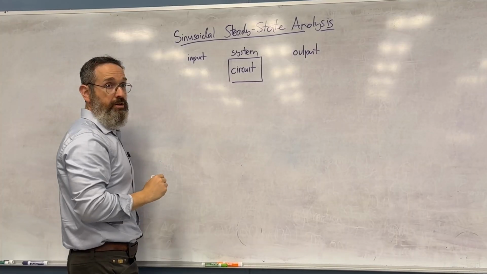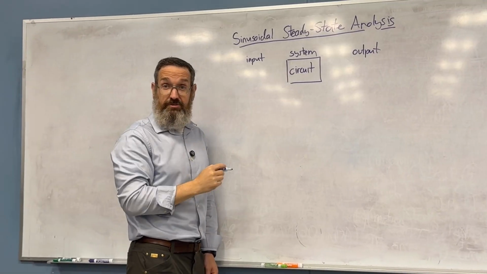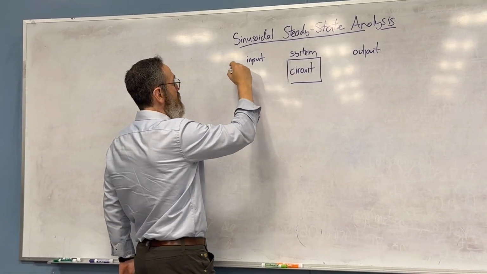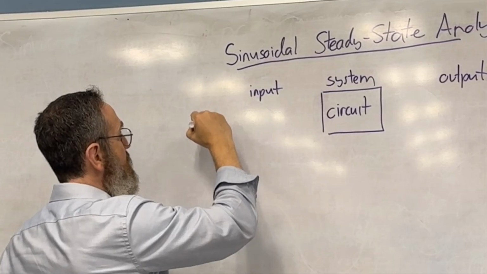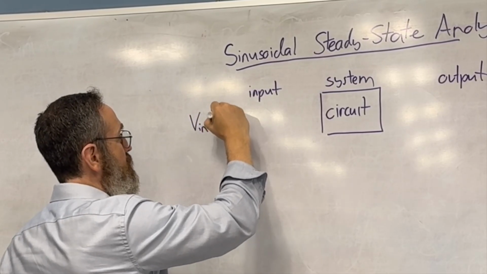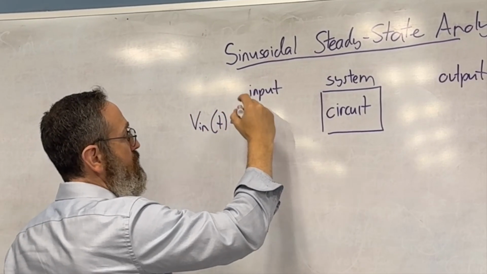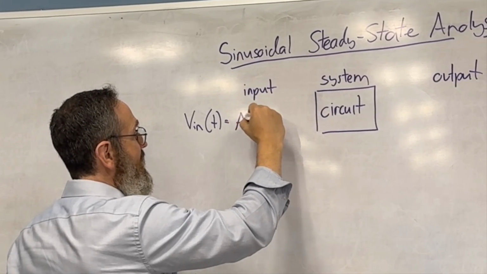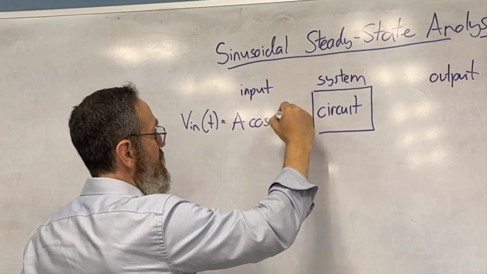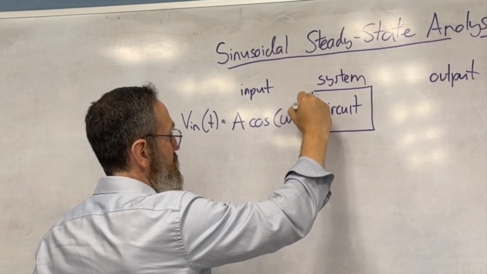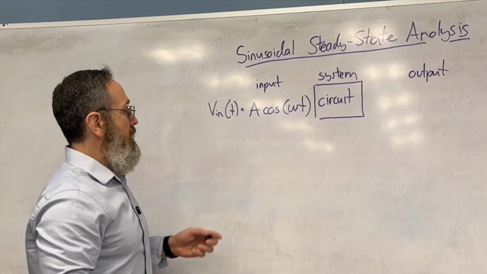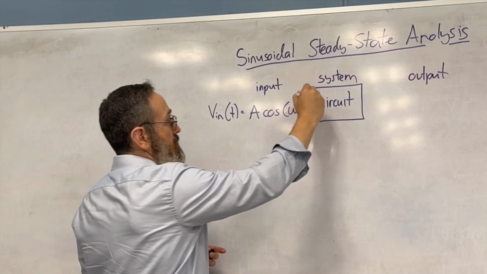The input is always in the form of a sinusoid, so it would have this equation. Let's call it V in, as a function of time, equal to A times cosine of omega t. And this is the input.